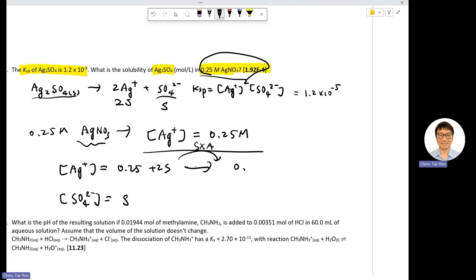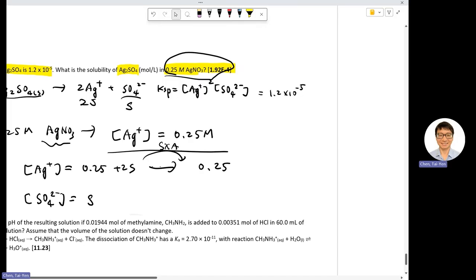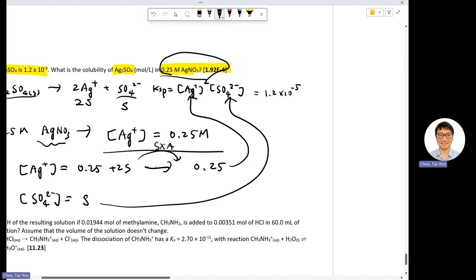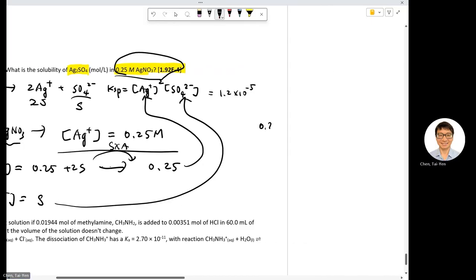Therefore, this one will equal 0.25. Okay. Once we have this, then we put it back into this equation. Therefore, 0.25 squared times S equals 1.2 times 10 to the negative 5.